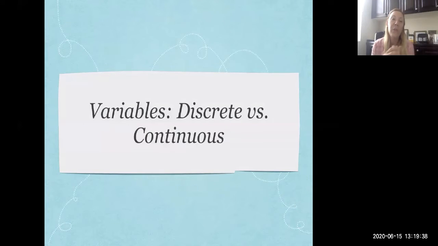Okay, so now we're looking at our variables that are numerical. I should have changed that. So not just variables, but our numerical variables. And we'll talk about discrete versus continuous. For discrete, I always think of it as a finite countable number. For example, people, right?